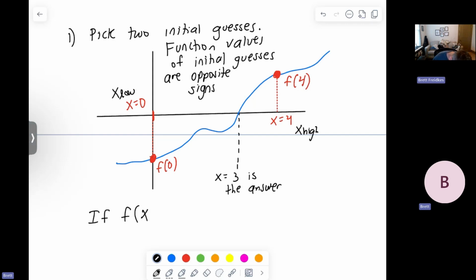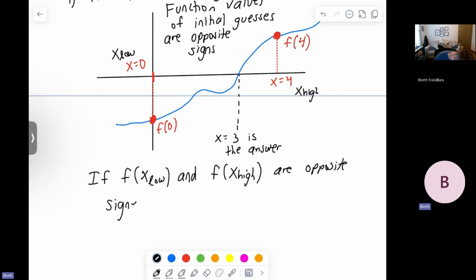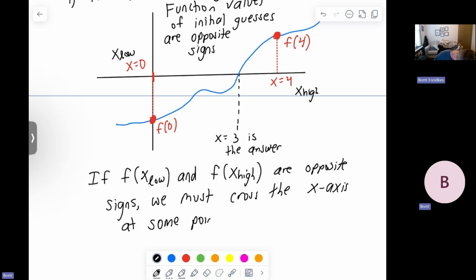I'm going to say if f of x low and f of x high are opposite signs, then that means, assuming the function is continuous, that we have to cross the x-axis at some point. And we can see that in the picture.